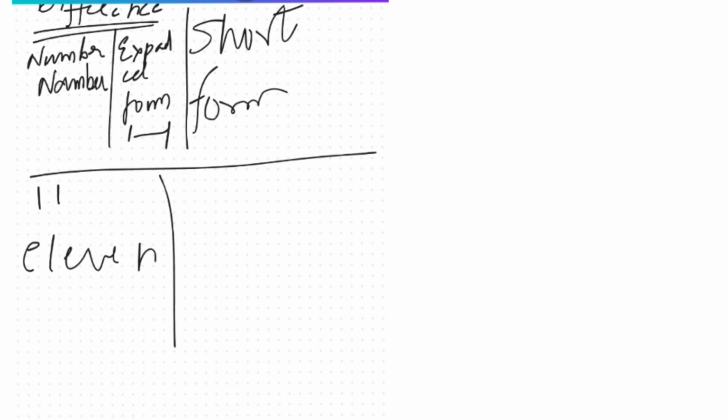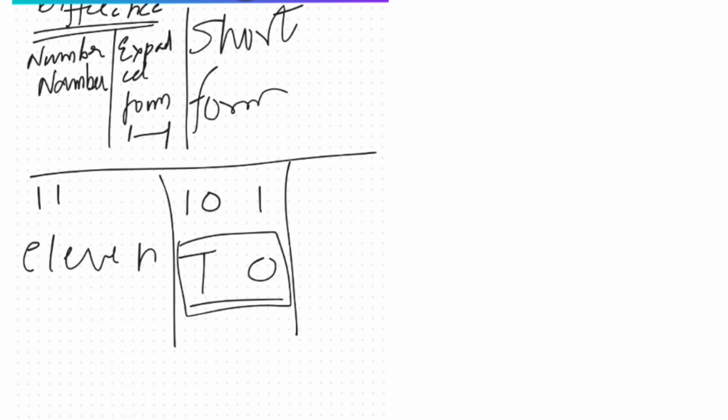Expanded form means we expand it, that is 10 and 1. Here is the ones place, and this is the tens place. We can write 11 as 10 and 1 using place value. These are the houses, ones and tens, and in these we put the value. Now, what is the short form? That is 11.